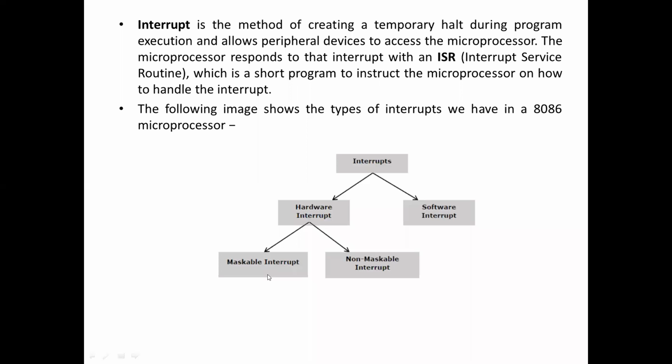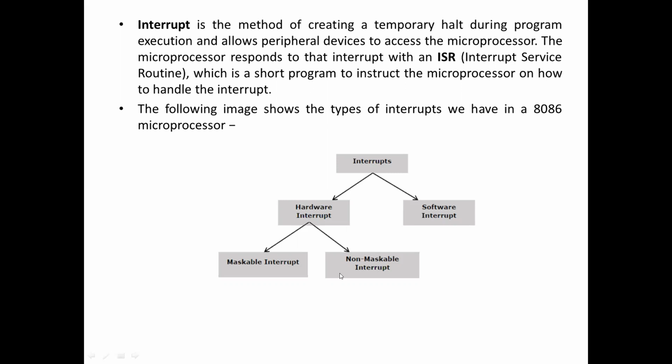In 8085, we had RST 5.5, 6.5, 7.5, those were maskable interrupts. And TRAP was the non-maskable interrupt, which had the highest priority.